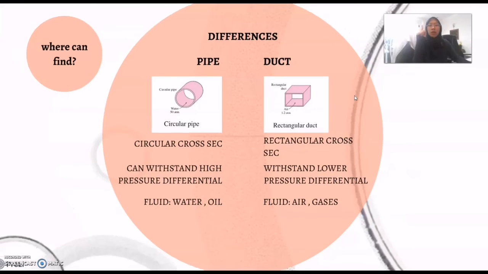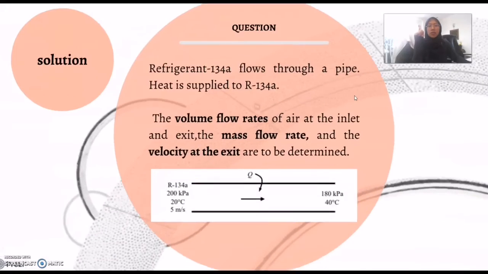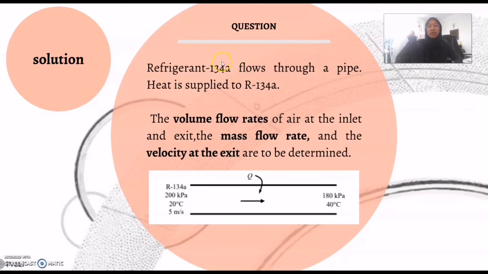Now we're going to look at the question. So in this example, we have refrigerant 134A, which is a gas, flowing through a pipe, and the gas is supplied with heat. So this is the figure. The question asks to identify the volume flow rate, mass flow rate, and velocity at the outlet, or the exit here. Now we look at the solution.